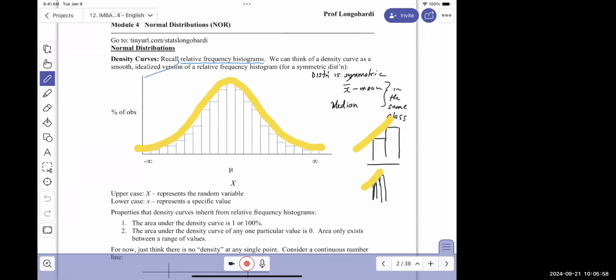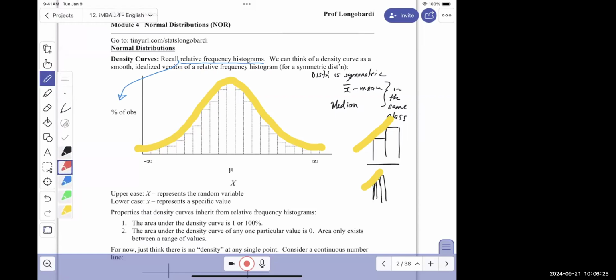And just to be clear, that's when it's percent of observations. That's relative frequency. You remember? No. We do that because in the middle here, these are the percentage of observations.